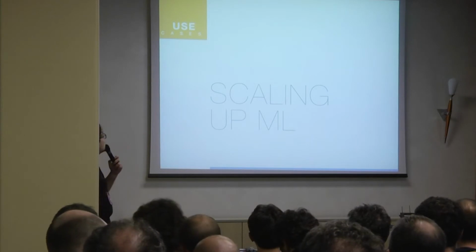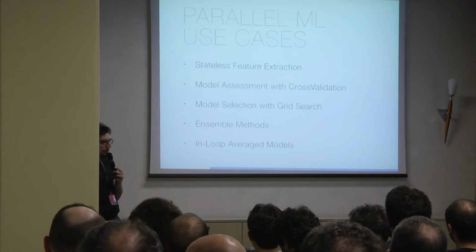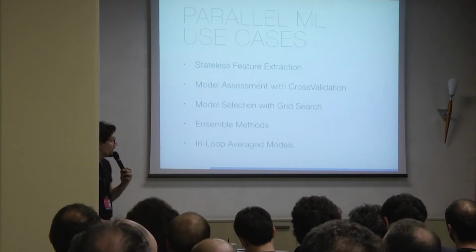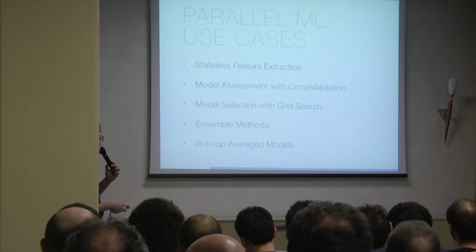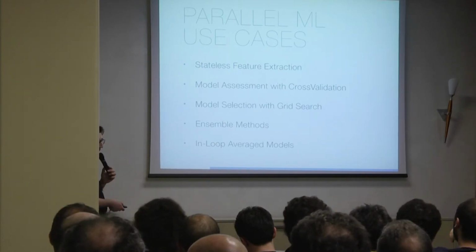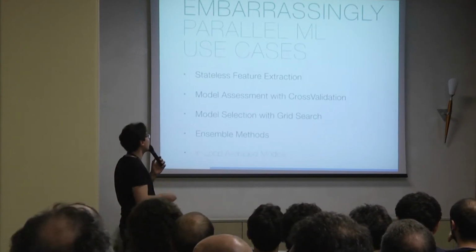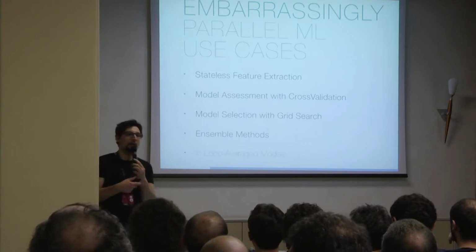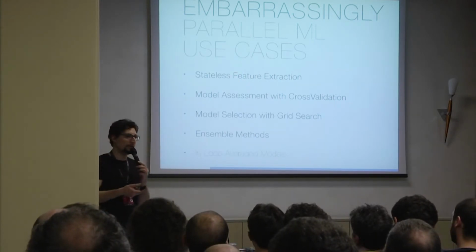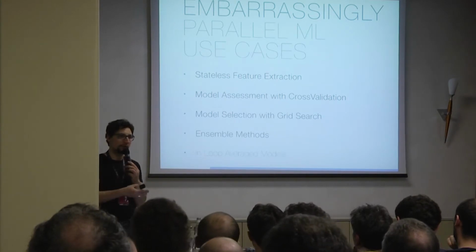So, some use cases to scale up machine learning algorithms. The first thing we may mention is that parallelizing machine learning use cases could be divided into different categories. We may have embarrassingly parallel machine learning use cases. This means that the computation is basically independent on each of the processes it goes on.